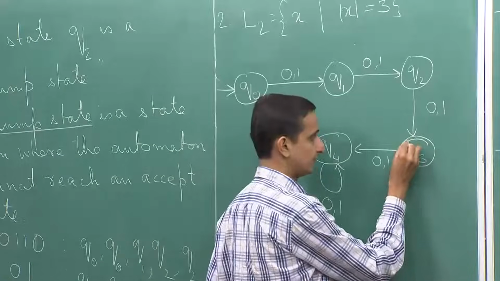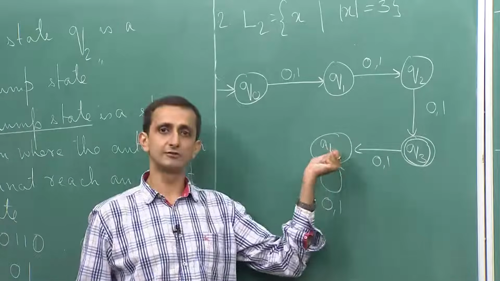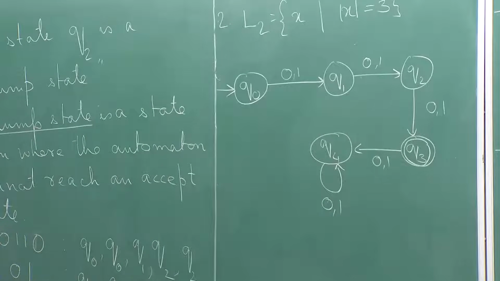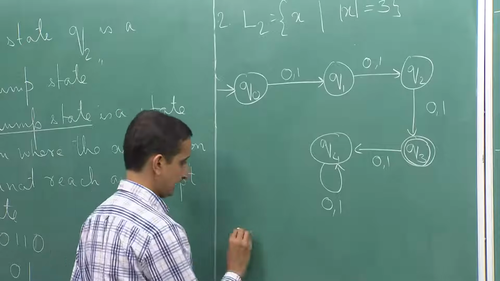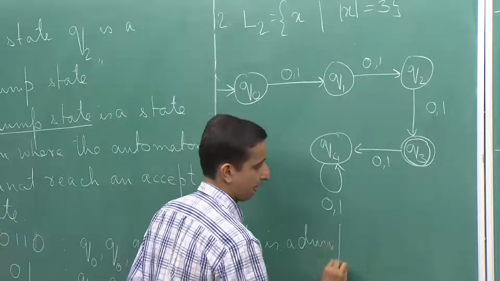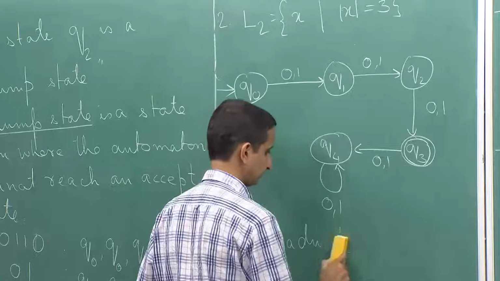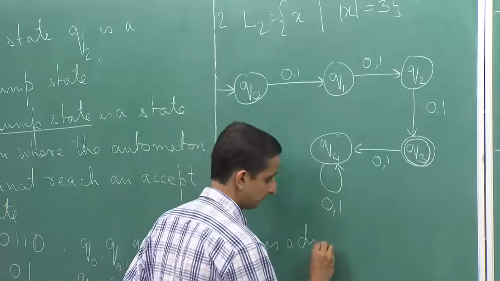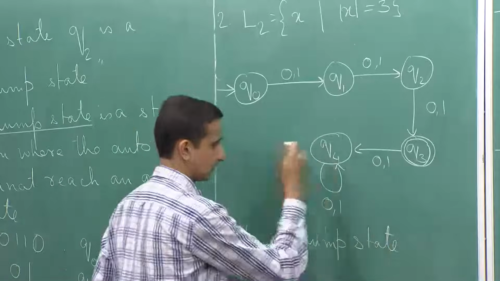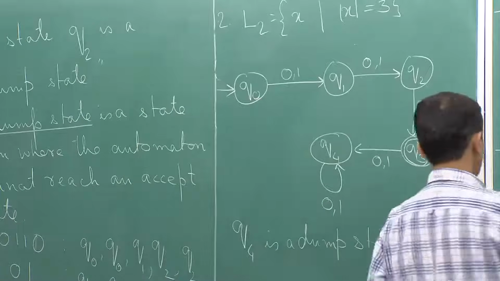So, this is going to be my accept state, and q4 will correspond to all those strings that have length 4 or more. This is simple. Again in this case, if you note, the state q4 is a dump state, because from q4 I cannot reach an accept state.